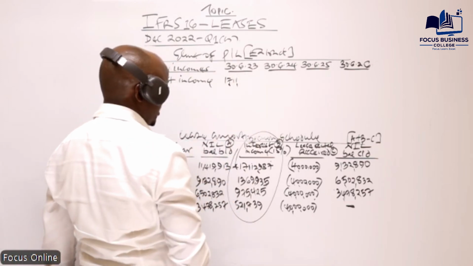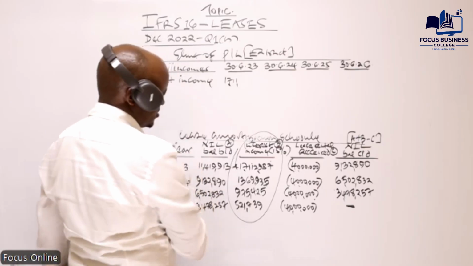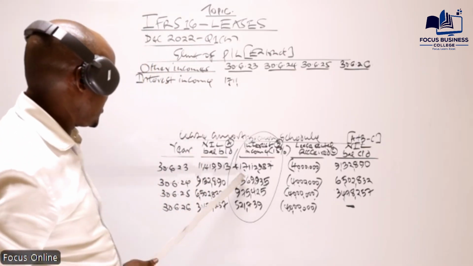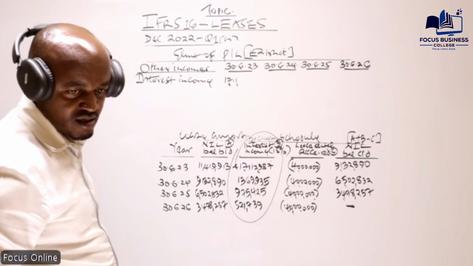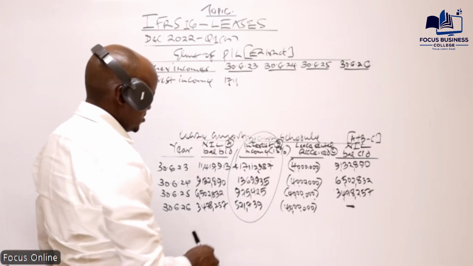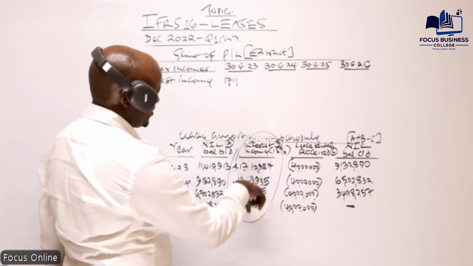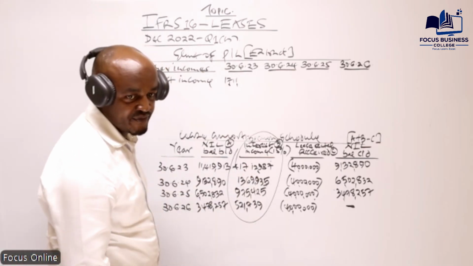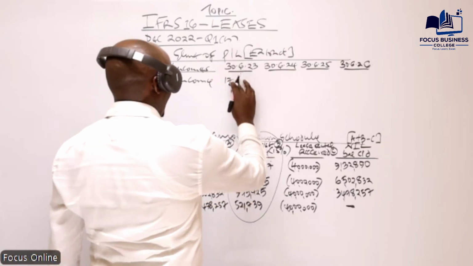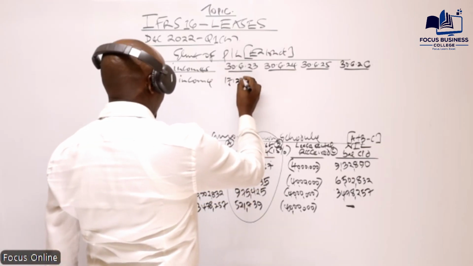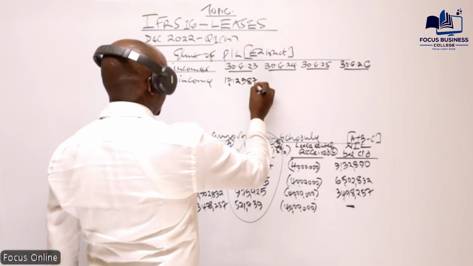Which figure is this? Should the figure be 1712? Yes, 1712,987.